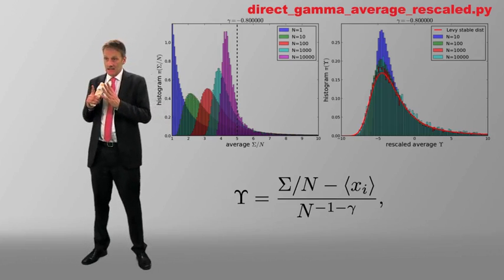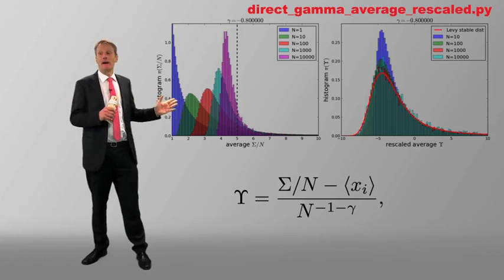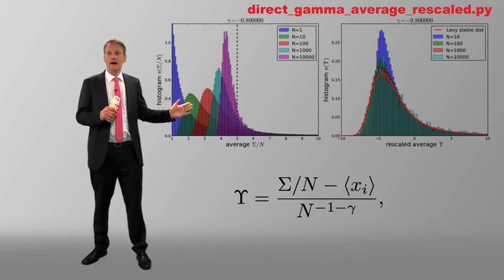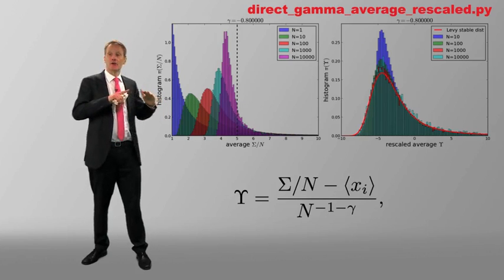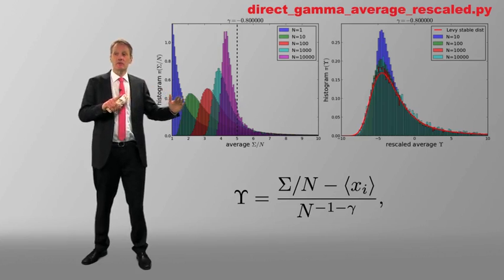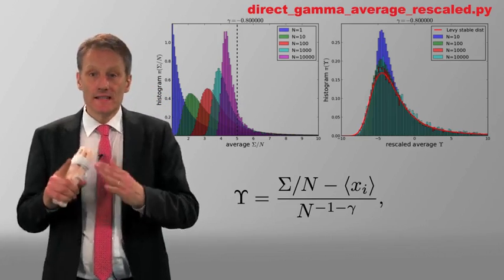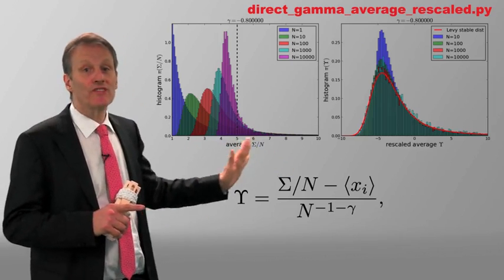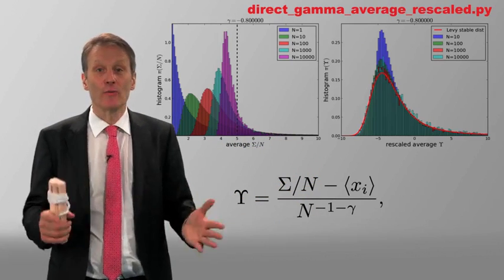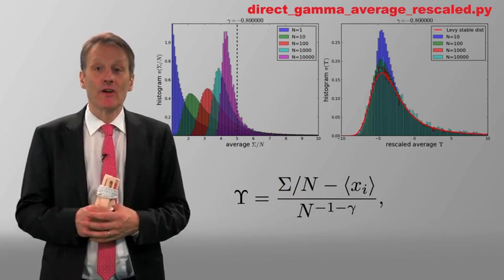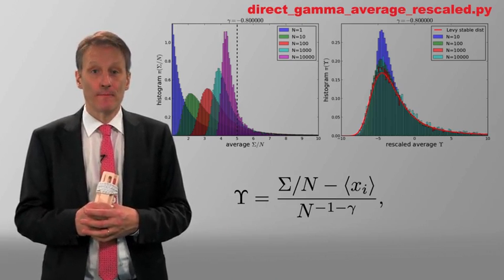This is written up in the program Dirac gamma average rescale.py, which also contains the analytically known limiting distribution in the limit n going to infinity. This distribution that you see approaching here for n larger and larger, and that you see written here as the analytical formula, is one of the examples of the famous Levy stable distributions.